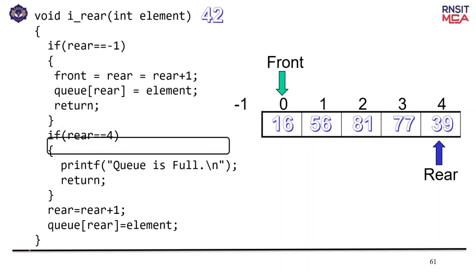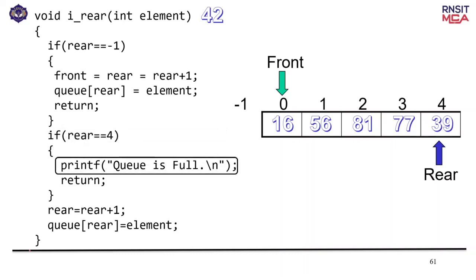So definitely it will give you a message. It will not insert 42. Instead it will give a message that the queue is full. So this is the insert rear function. Note this down, you can take a screenshot of this. This is the function that you need to understand when you are inserting at the rear end.